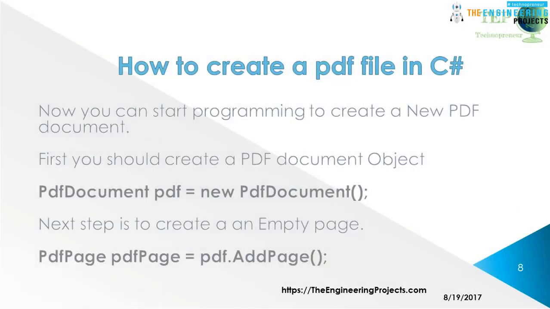Now you can start programming to create a new PDF document. First you should create a PDF document: PdfDocument pdf = new PdfDocument. The next step is to create an empty page: PdfPage pdfPage = pdf.AddPage.